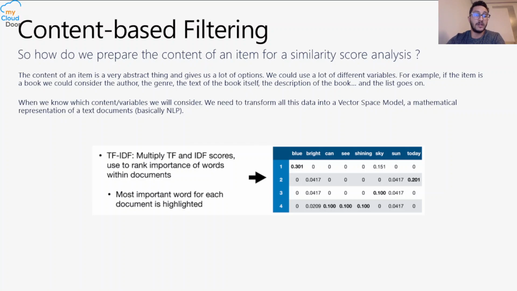So once we decide which variables we will be using, we need to transform all this data into a vector space model. This is a mathematical representation of text documents, basically NLP, transforming letters to numbers.